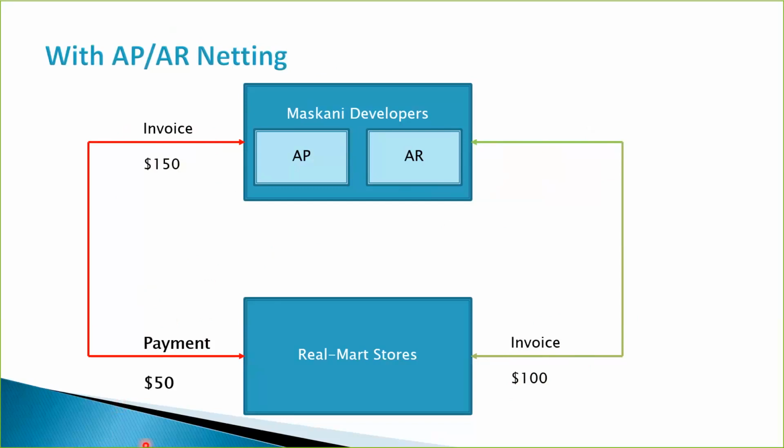So that is the transaction that we'd want to take place, whereby it's a payment of $50 that we make to RealMart Stores, and this whole situation is settled, right? When we look at this overall situation, it is that Maskani owes RealMart Stores $50.